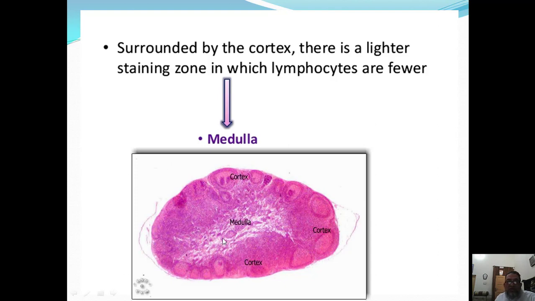Look at the H&E stain of the complete lymph node. The outermost is the periphery, cortex, and loosely arranged lymphocytes along the cords is the medulla. So, medulla is centrally placed close to the hilum, with loosely arranged lymphocytes along various cord formations, medullary cords. Outer is the cortex beneath the capsule of the lymph node.